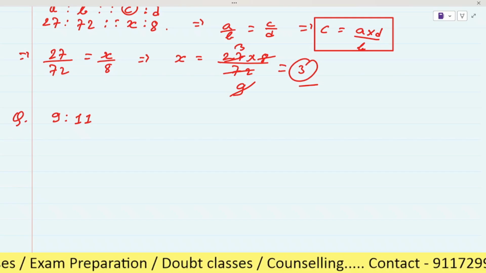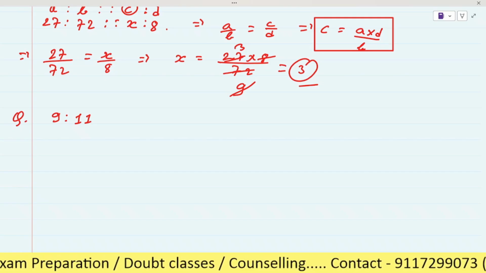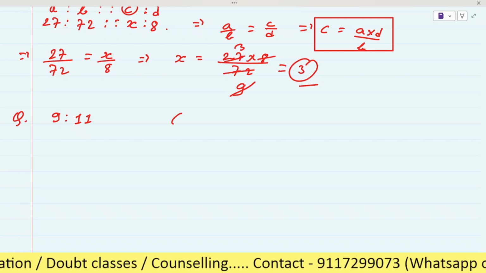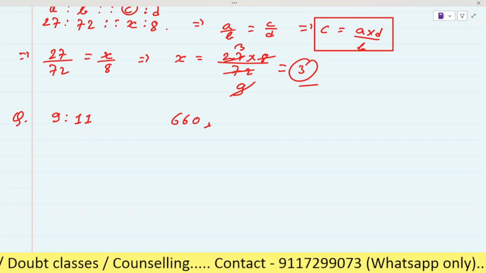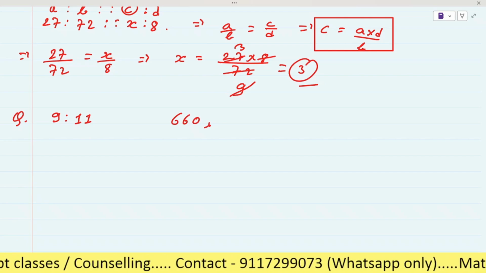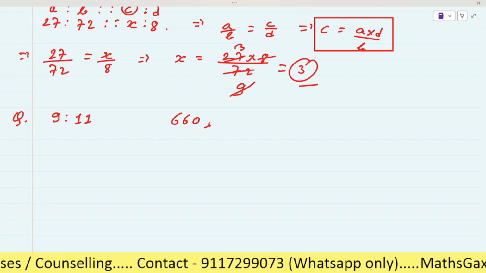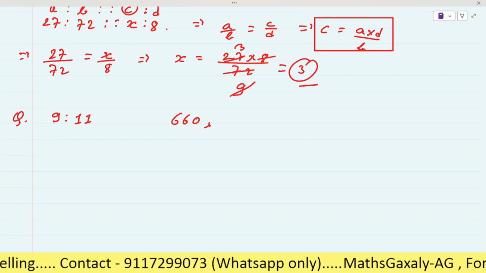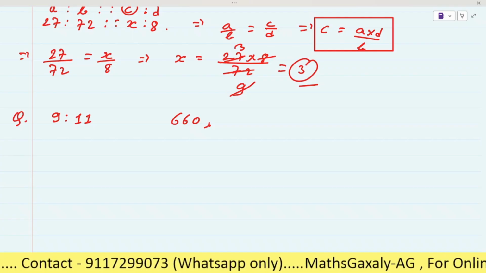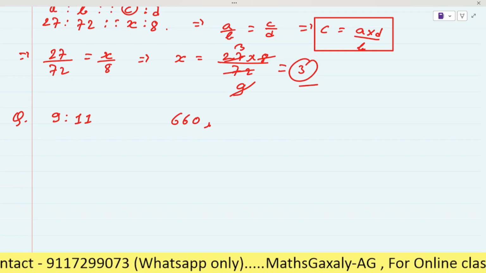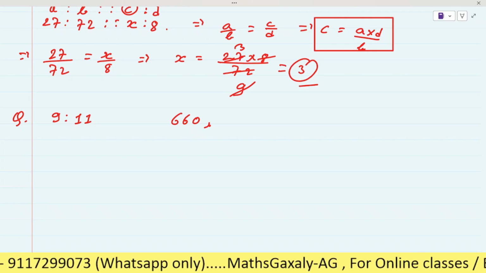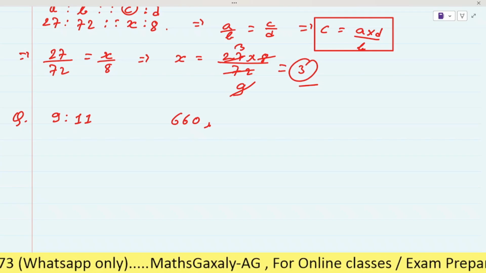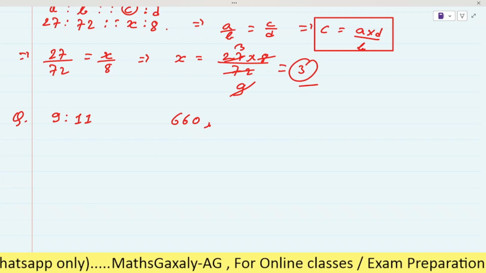If sum of these two numbers is 660, find the difference between the numbers. I am repeating, the two numbers are in the ratio 9 is to 11. If sum of these two numbers is 660, find the difference between the numbers.